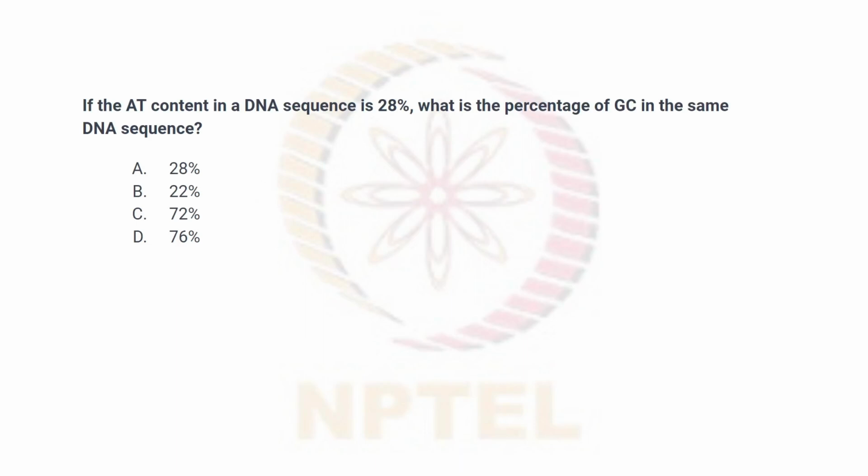It is 72%, because DNA is made up of A, T, G and C only. So if AT content is 28%, the remaining 72% is GC, and both combined make 100%.